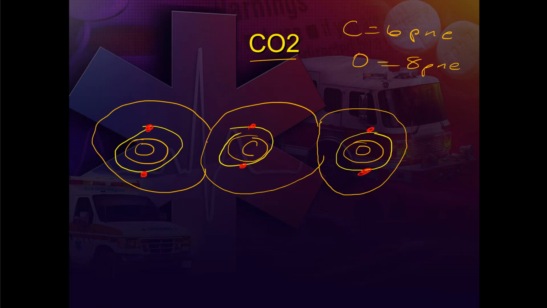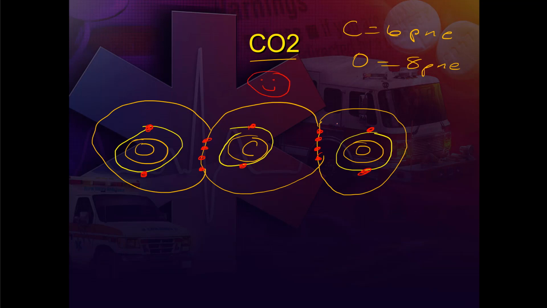With carbon binding to oxygen, we're actually going to have double bonds. So we've got 2 from carbon and 2 from oxygen on one side, and 2 from carbon and 2 from oxygen on the other side. As far as carbon is concerned, that's 4 and 4, so that's 8. That makes carbon happy.